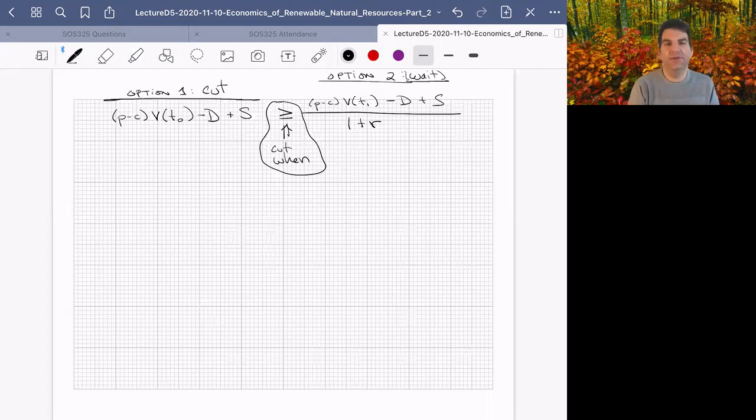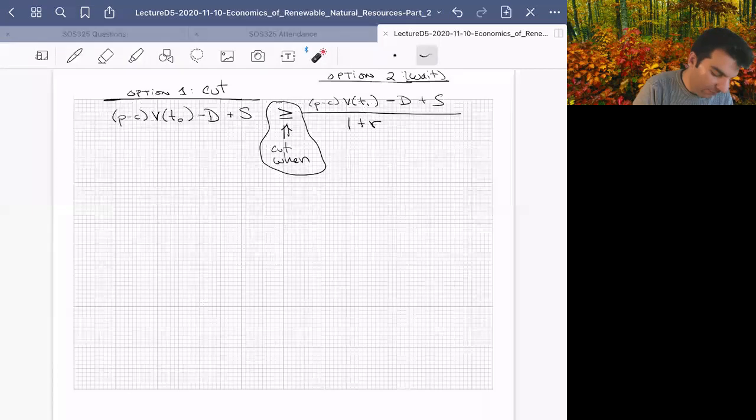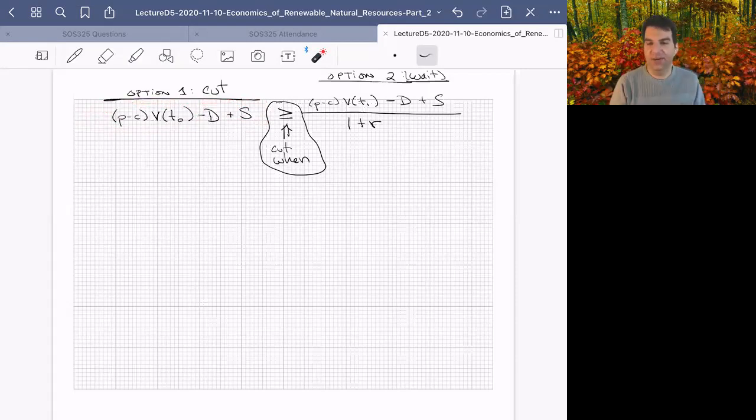The site value I'm just kicking around is like principal in the bank, because I always have the option of selling and then getting a return from the bank that is not only going to be from the forest that I've cut down, but will also be from the site value here. Okay, I hope that makes sense. I'm sorry that I confused things when I said option 1 was sell, but the point is I'm asking, do I cut now or cut later, given that I have this embedded site value in there.